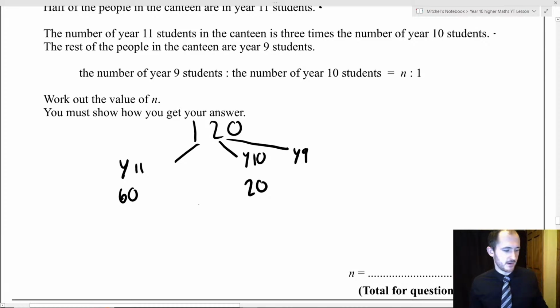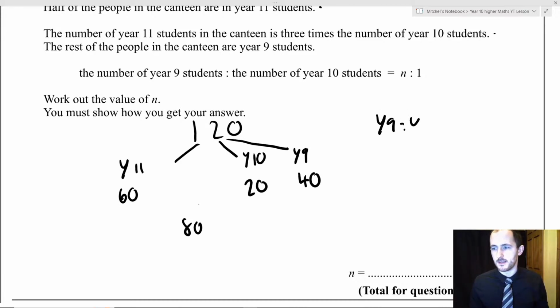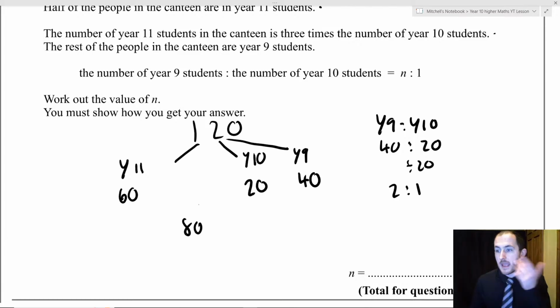So is that okay so far? Because there are 3 times as many, yeah, perfect, cool. The rest are year 9. So in total we have 80, and there's 120, so year 9 is going to be 40. So year 9 to year 10, we start off with 40 to 20. Divide both by 20, we get 2 to 1. Not bad. So n is equal to 2.